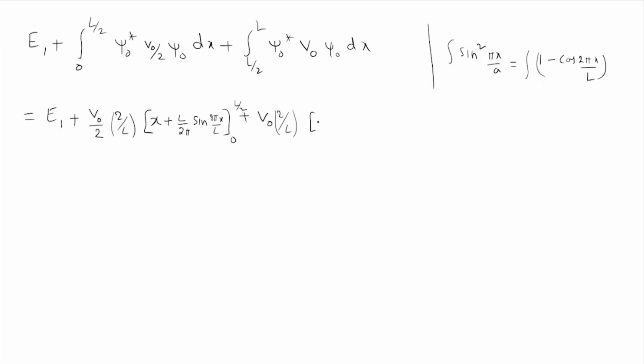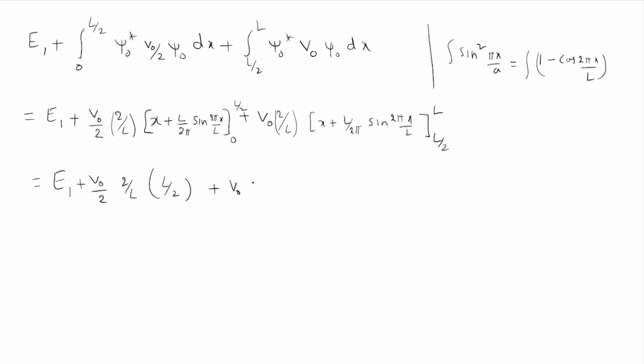Similarly here, x plus L over 2 pi sine 2 pi x over L, but this goes from L by 2 to L. You can check E1 plus V0 over 2, 2 over L, and L by 2 becomes 0, sine goes to 0 nicely, and here this will be left over as L by 2.